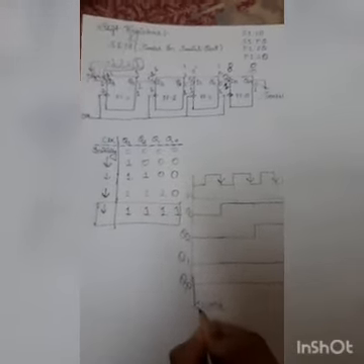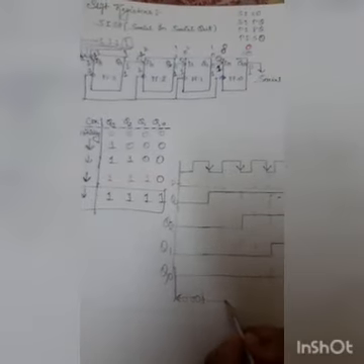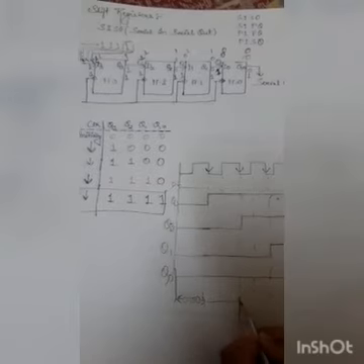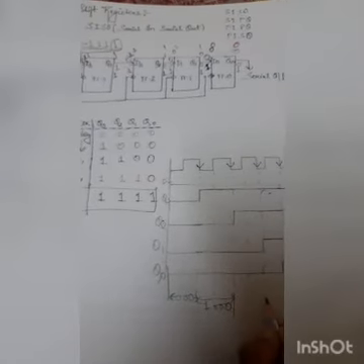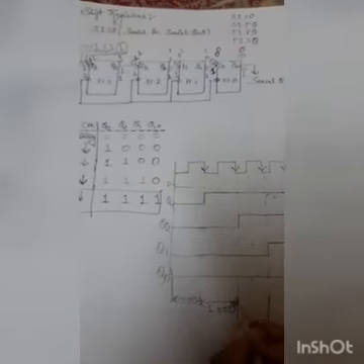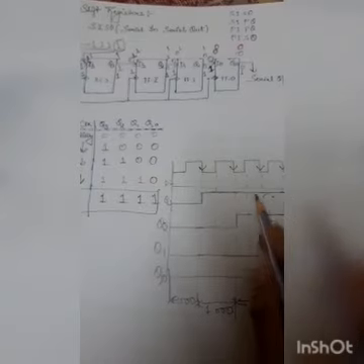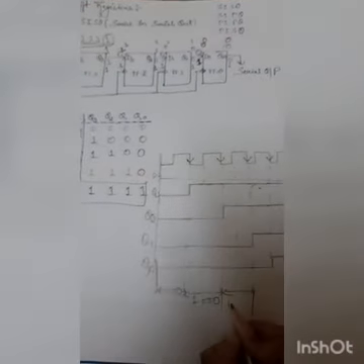Here we stored the data. What can we see? 0, 0, 0, up to here 0, 0, 0. Then after the triggering, here 1, 0, 0, 0. Then for the next, 1, 1, 0, 0.